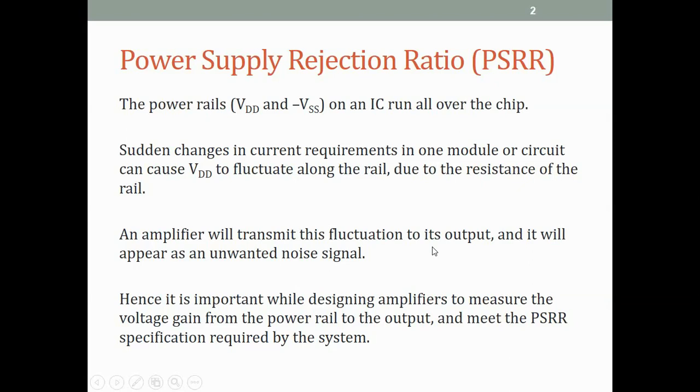So it is important while designing amplifiers to keep track of the voltage gain from the power supply rail to the output of the amplifier, and for every system that is built there is some requirement of the power supply rejection ratio that must be met by the amplifier that is designed.